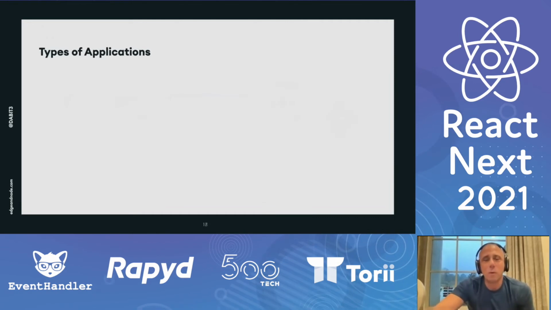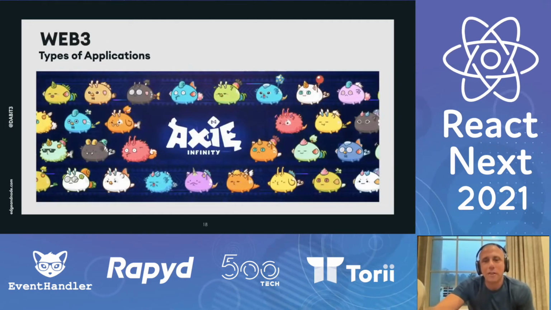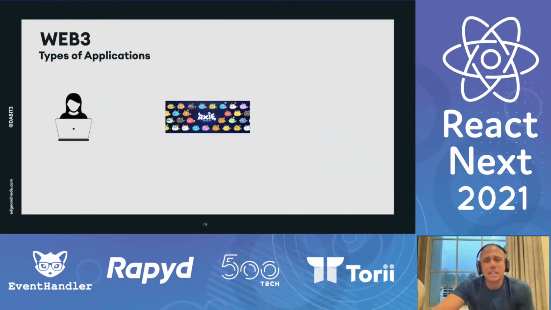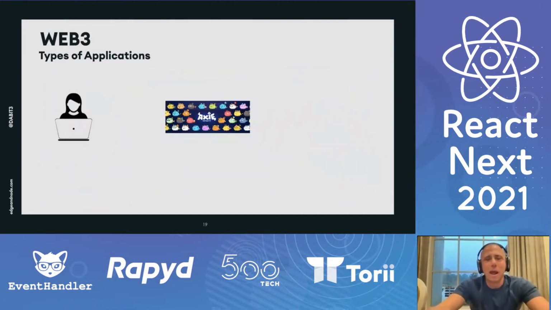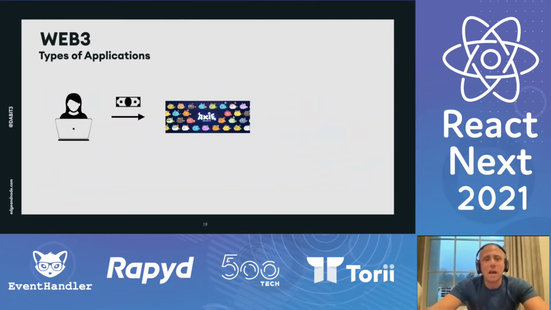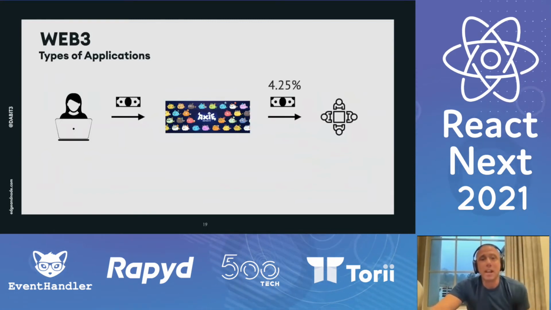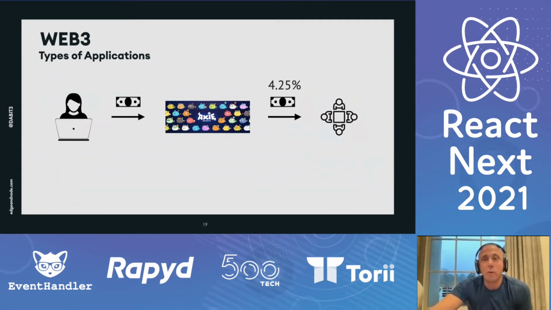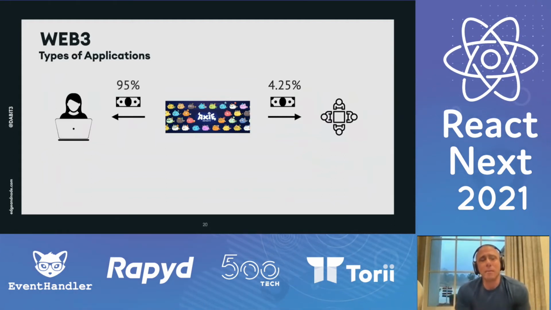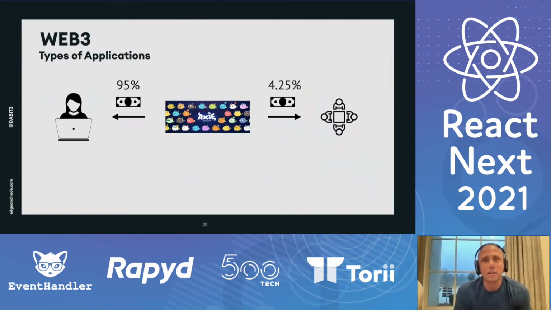So one popular example that is out there right now is this game called Axie Infinity. Axie Infinity is similar to Fortnite in the sense that you can buy things and you can earn currency within the game, but instead of 100% of that money going to the platform, 4% goes to the platform for running and providing it, and 95% is retained by the users of the game.